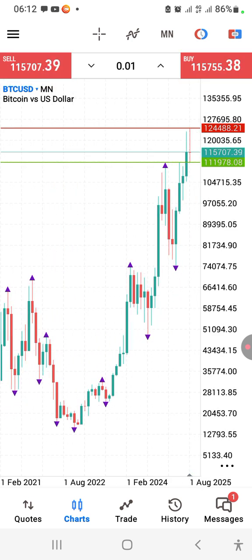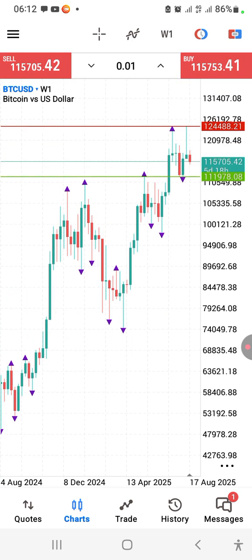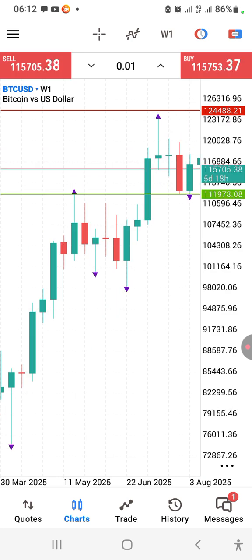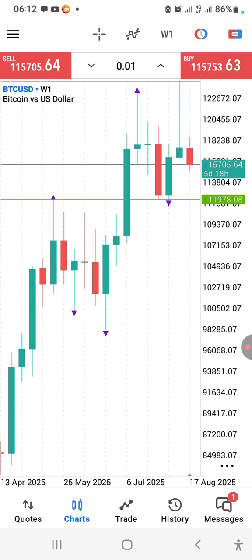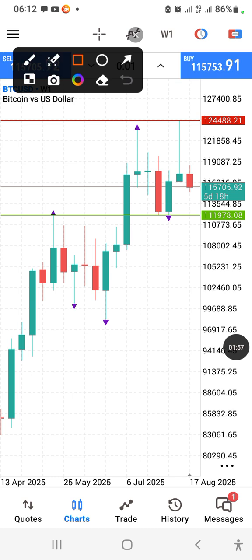Now we'll start by looking at the previous price level for last week. You notice that on the weekly time frame, the market's all-time high that it made last week was this, which is 124488.21.